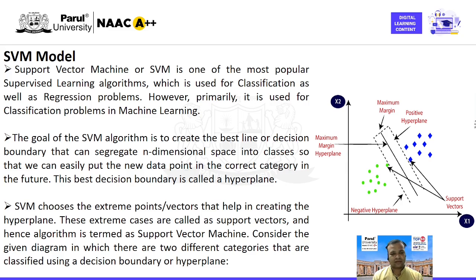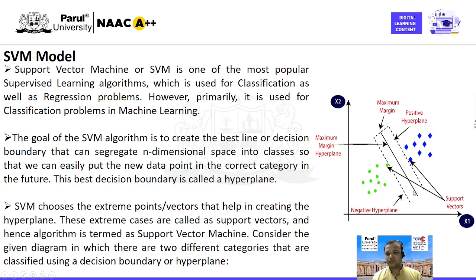SVM chooses the extreme points, you can say vectors, that help in creating the hyperplane. You can see here there are two extreme points nearby the decision boundary line, this one and this one. These are called the support vectors.